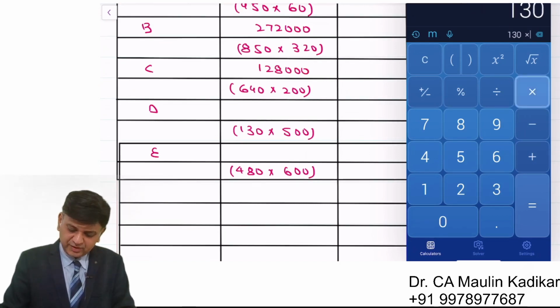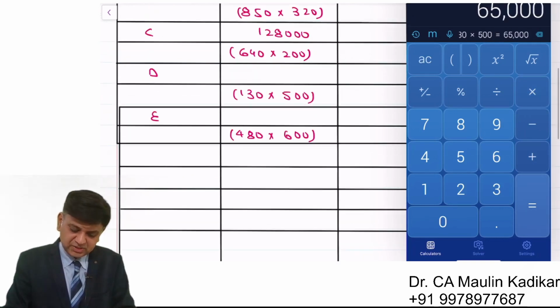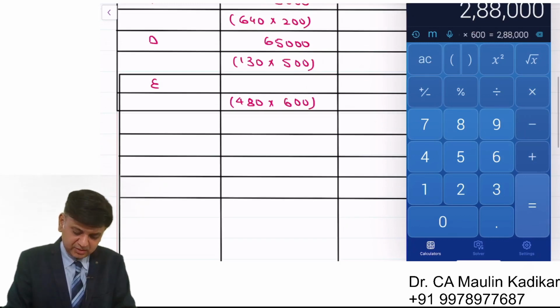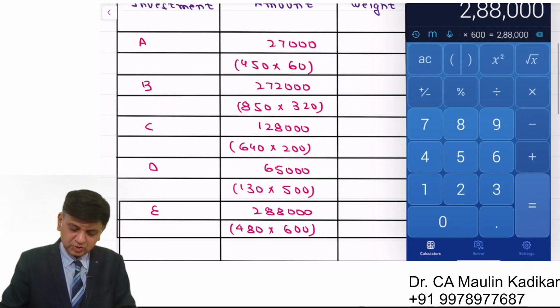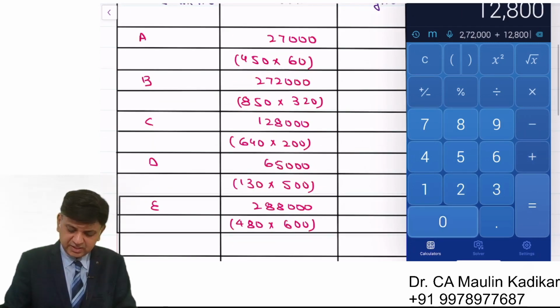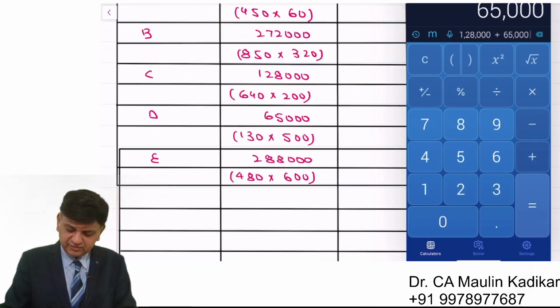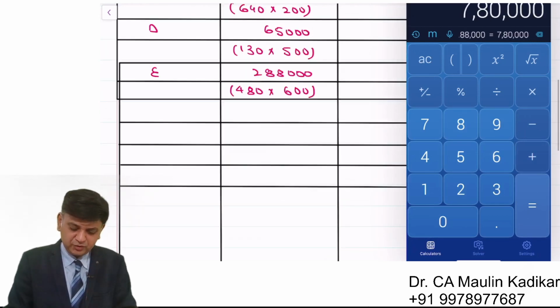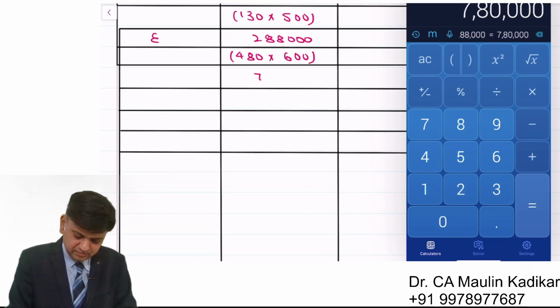Then 130 into 500, that comes to 65,000. 480 into 600, that comes to 2,88,000. So basically 27,000 plus 2,72,000 plus 1,28,000 plus 65,000 and 2,88,000. So the total value of the portfolio is 7,80,000.